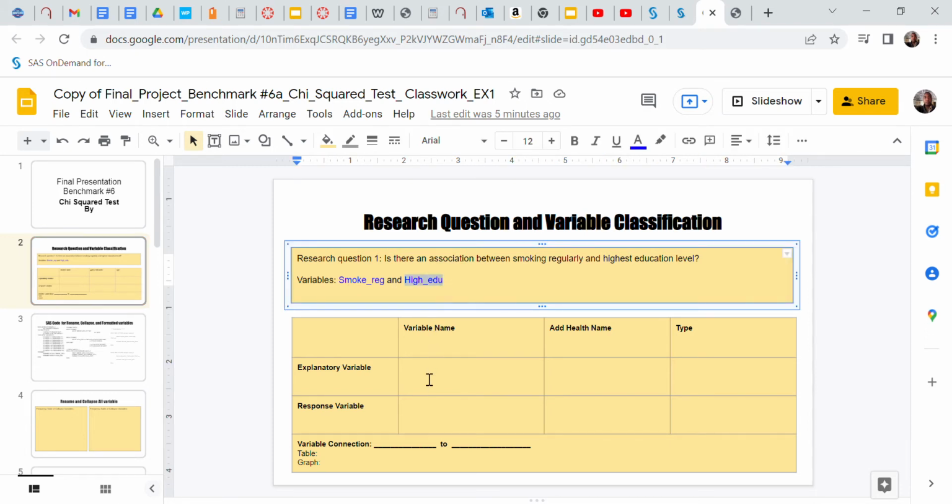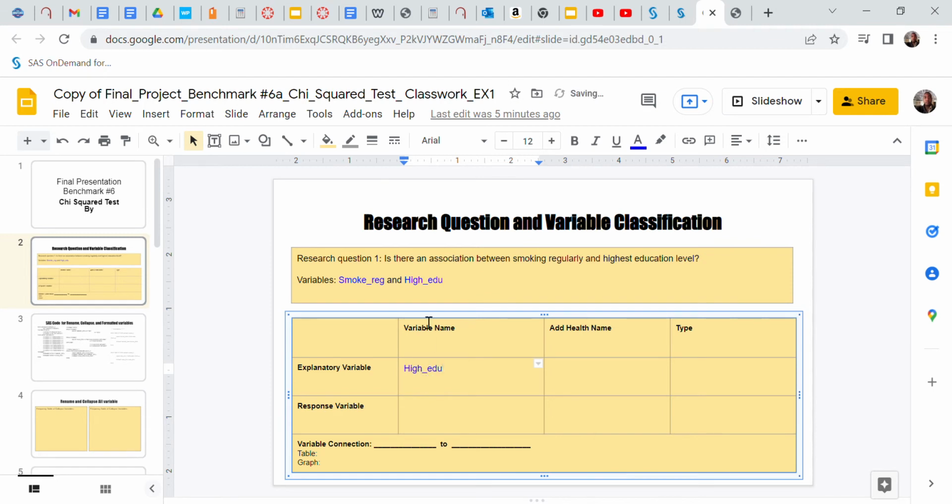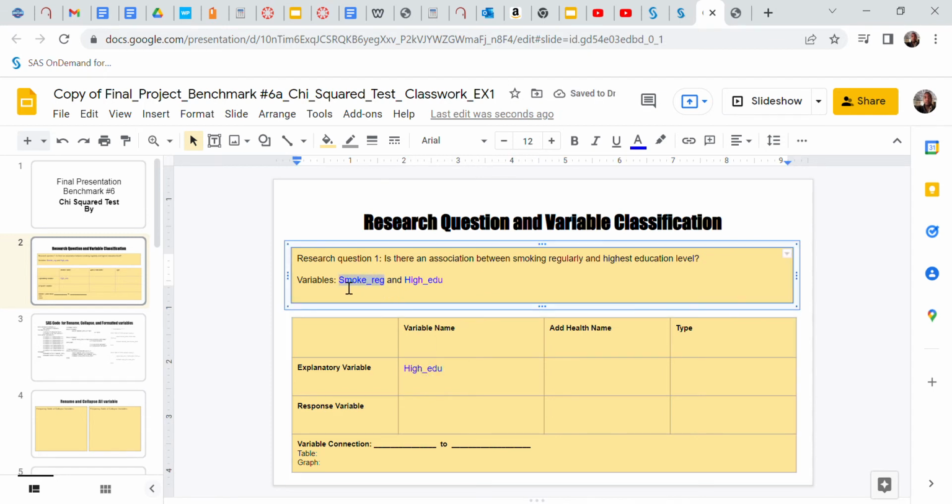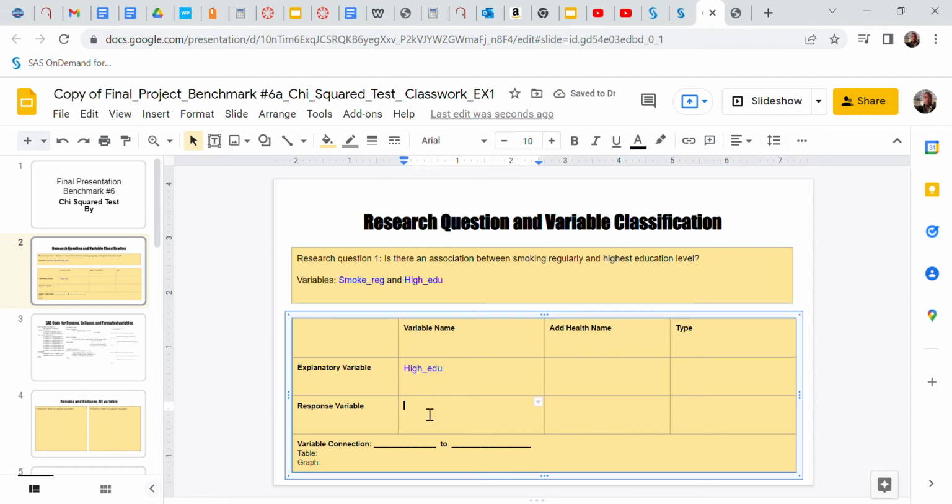Now, we're going to say that your education level is going to explain you smoking regularly. And some people think the other way, but we're going to go with the education level because your education level is going to explain if you smoke regularly. You want to put the add health name, the numbers, and the letters.